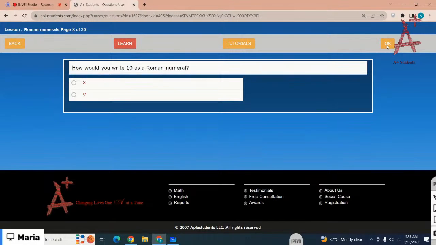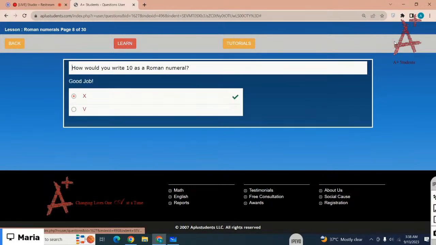How would you write 10 as a Roman numeral? So which is the correct option? V is for 5, X is for 10. You can write it as X, right?